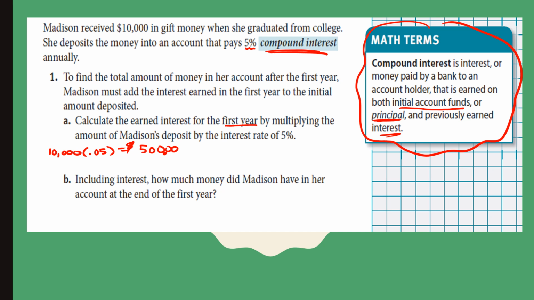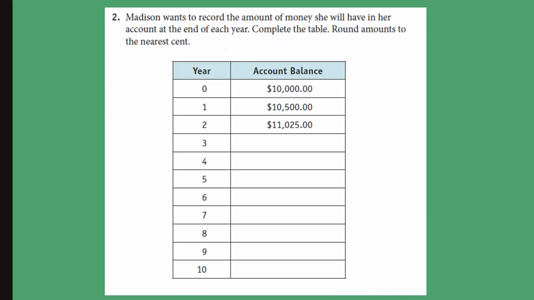So including the interest, how much money did Madison have in her account at the end of the first year? Well, she had 10,000 and she earned 500, so now she has 10,500. So the next year it's going to build on this amount instead of 10,000. So that's how compounding happens.